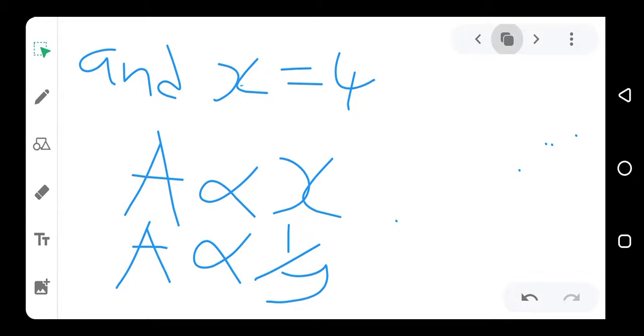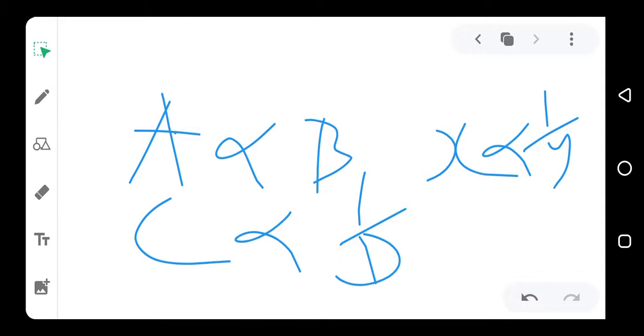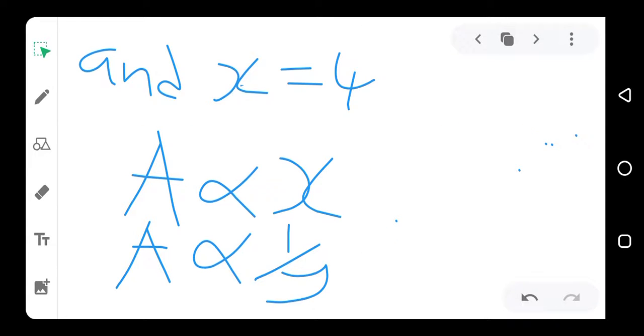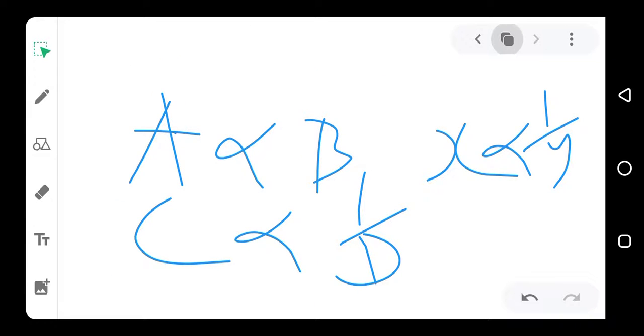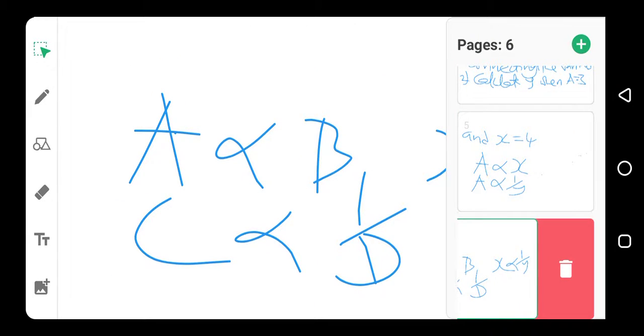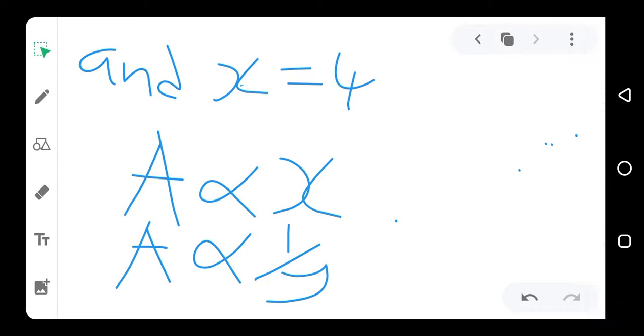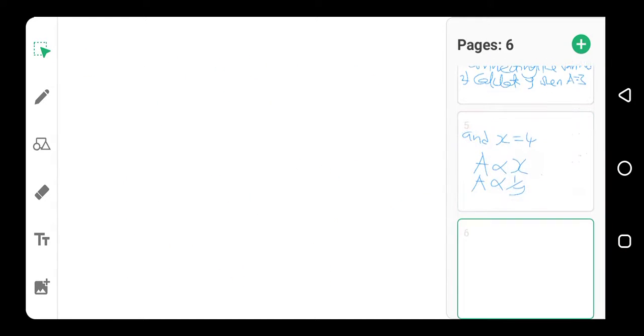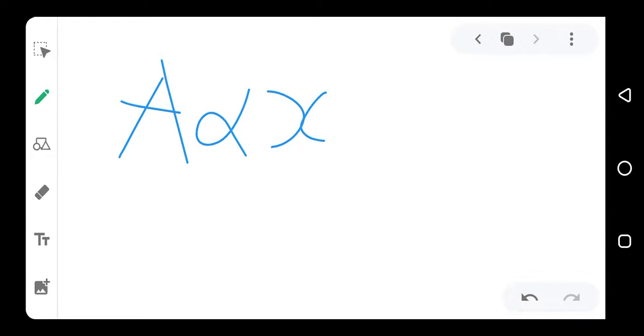Instead of separating the variables, we can also say that A varies directly with X, and in the same line, we also say that it varies inversely with Y.